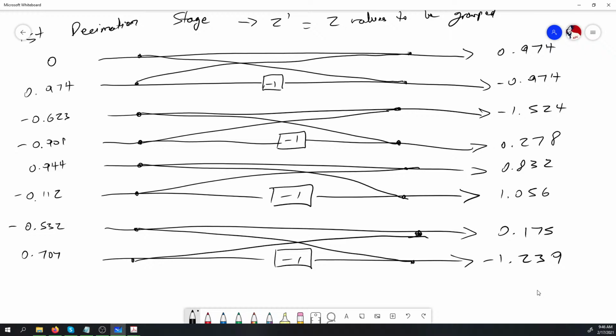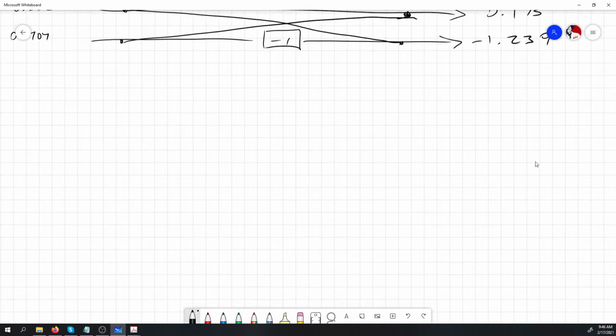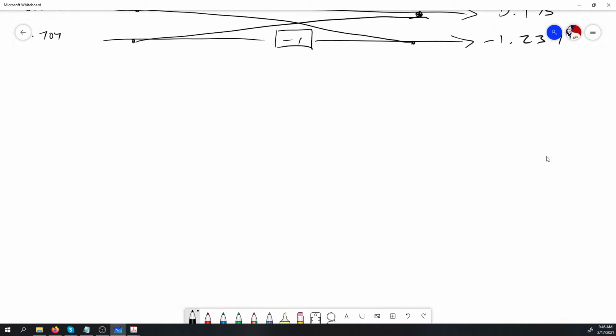So after we do this part, we take the output of the first decimation stage and we put this as the input to our second decimation. So, second decimation stage, equal 4 values grouped.